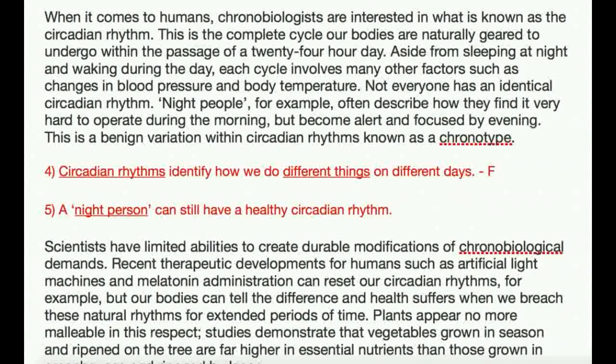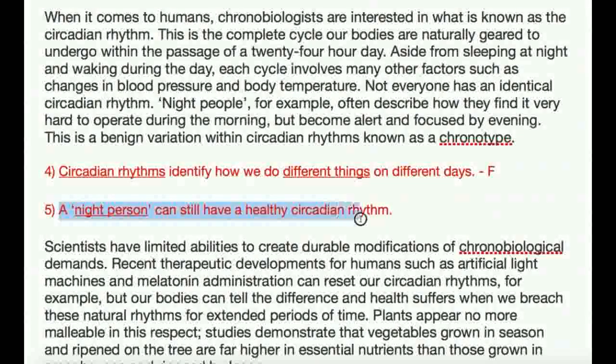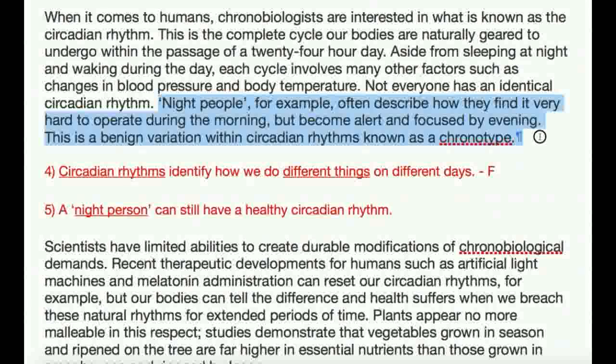Now we'll look at statement 5. A night person can still have a healthy circadian rhythm. Now we can see this is where we need to look at for answering the question, so we need to read this carefully to find out if this part of the text contradicts a statement, supports it, or it's not given. Night people, for example, often describe how they find it very hard to operate during the morning, but become alert and focused by the evening.